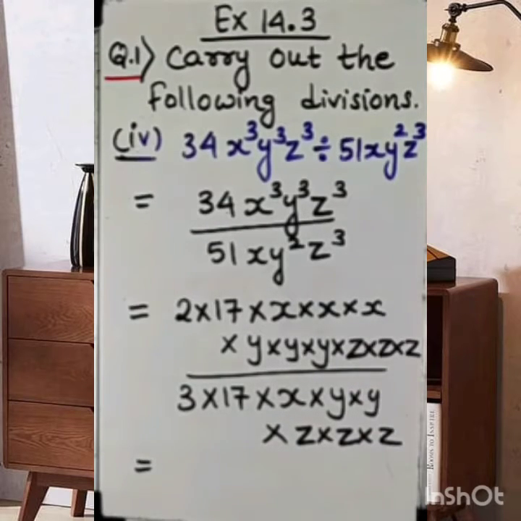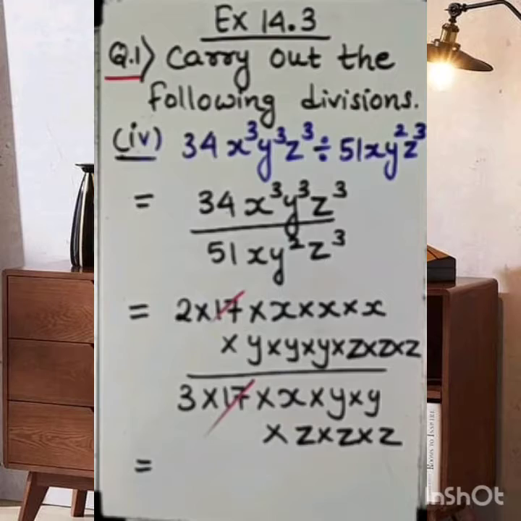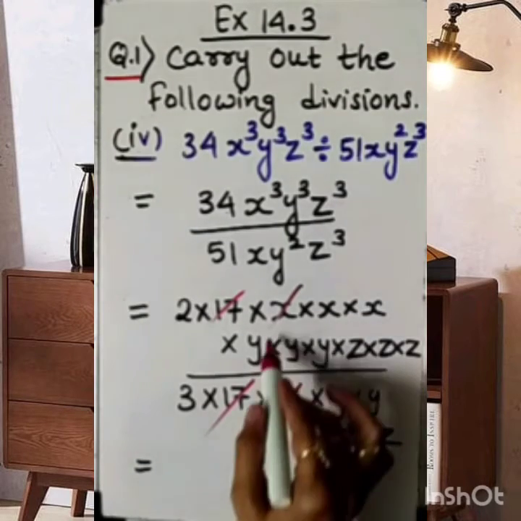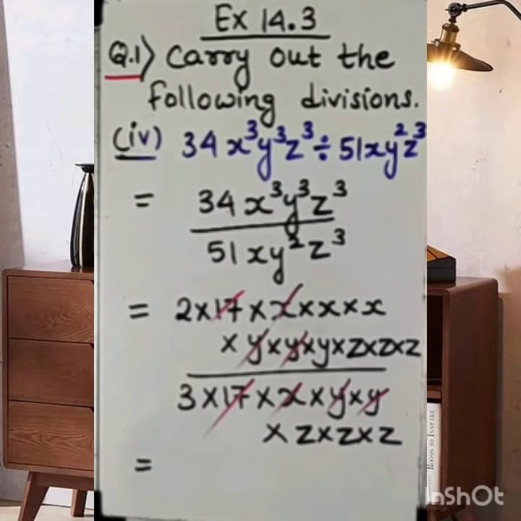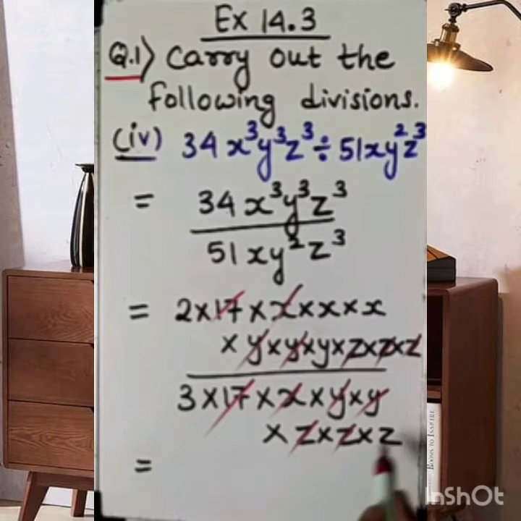So my dear student, let's try to cancel the similar numbers or terms from the expression. 17 cancels, one time x cancels, one time y cancels, another time y cancels, z one time cancels.